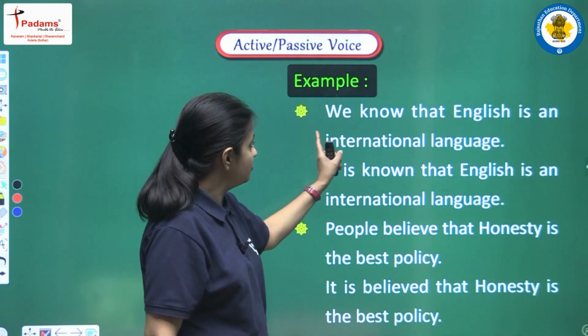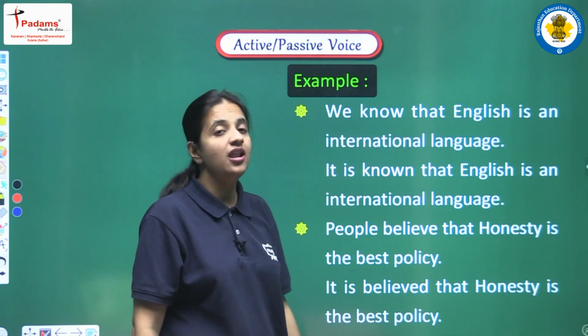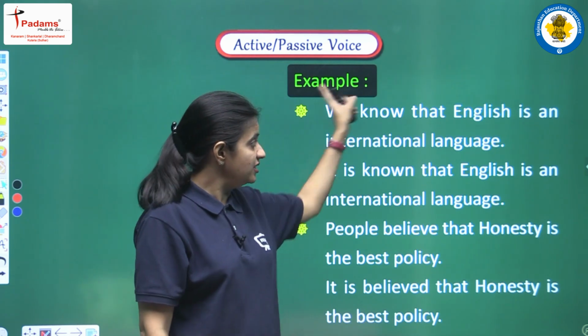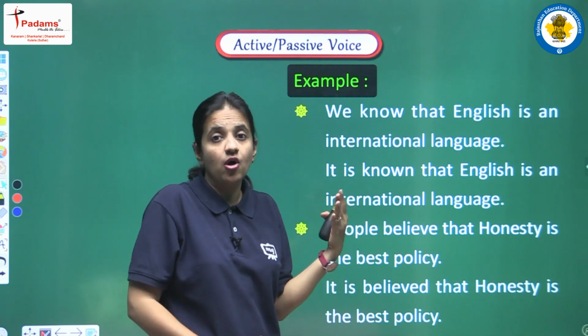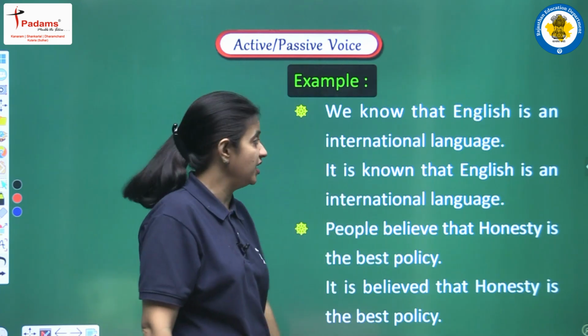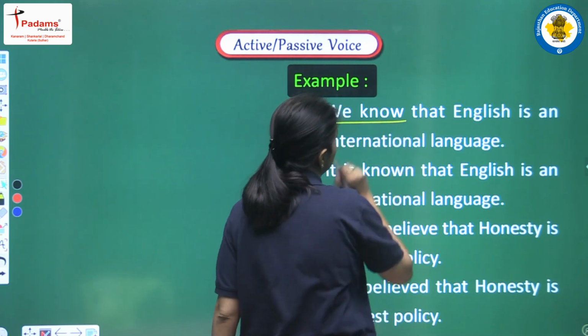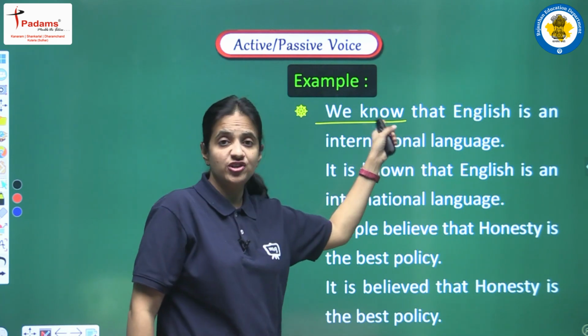Okay, the first example is: we know that English is an international language. So students, observe the sentence very carefully. After observing, it is very much clear that in this sentence we are having two clauses. The first clause is we know, and the second clause is English is an international language.